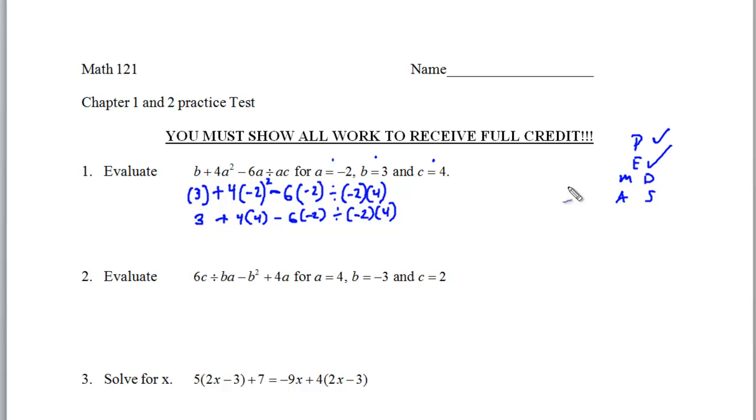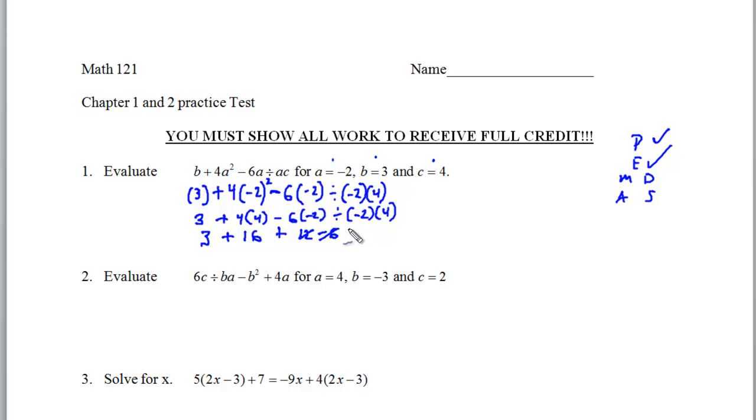Now we're going to do the multiplication and division from left to right. So 3 plus 16, and this is going to be minus 6 times -2, so that's going to be plus 12. And then plus 12 divided by -2 in this case, so that's going to give me -6, and then -6 times 4.